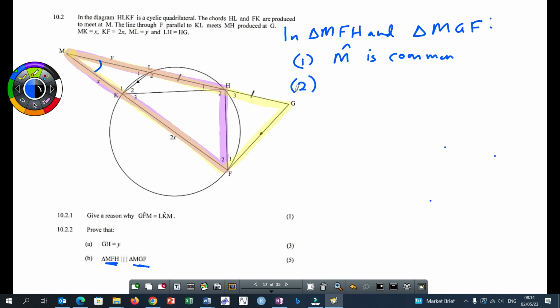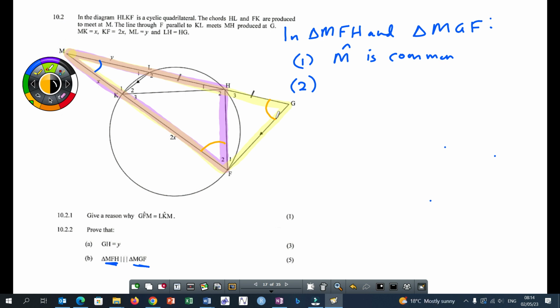Then we also need to see if we can prove that angle F2 is equal to angle G. So we're talking about these two, F2 there and angle G. Now those two can be a bit challenging to prove equal.